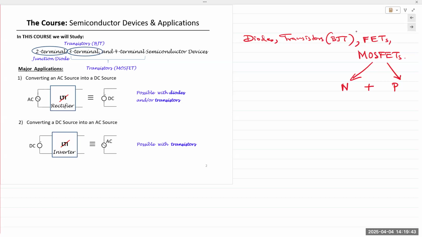If you combine both of these on a single piece of die and create your circuit with both N and P channel, you get what is known as complementary MOS, because N and P complement each other. You get a CMOS device. CMOS is something that you definitely come across, right?